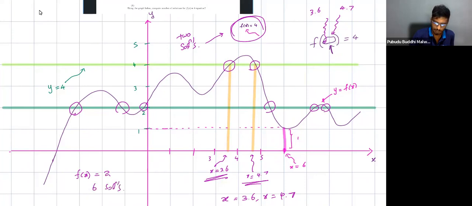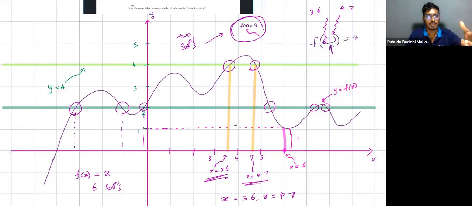What are the solutions? If you want to write solutions, draw vertical lines like this. That way you can compute the solutions. So clearly 6 solutions, but to compute them, draw those vertical lines because those are the corresponding x values.